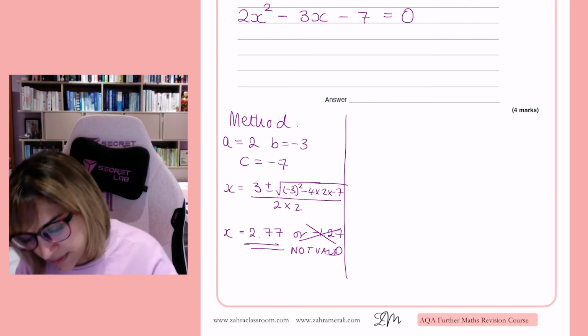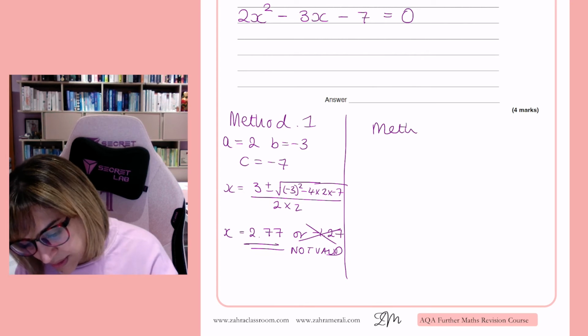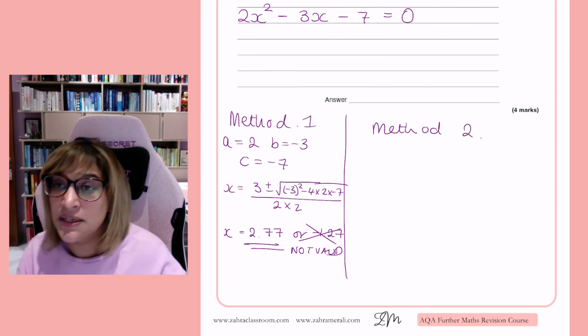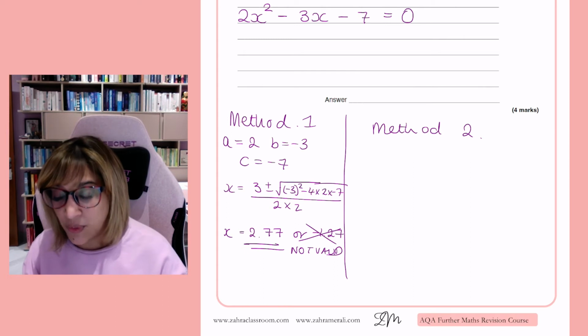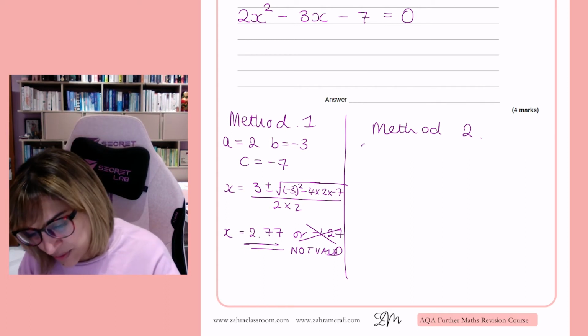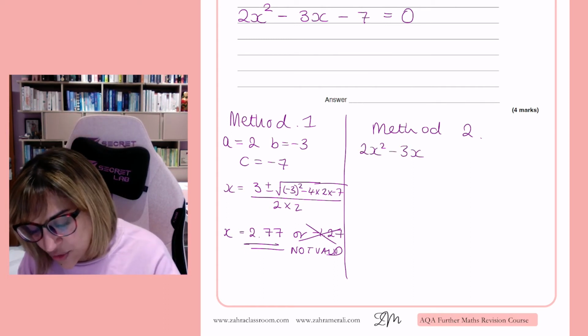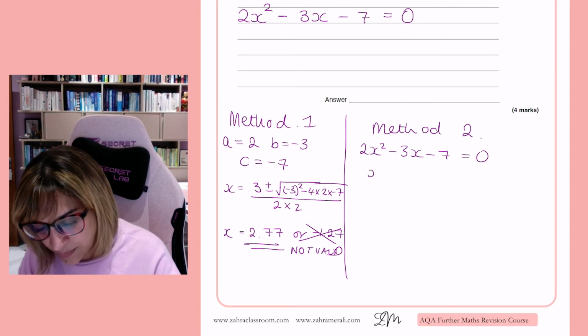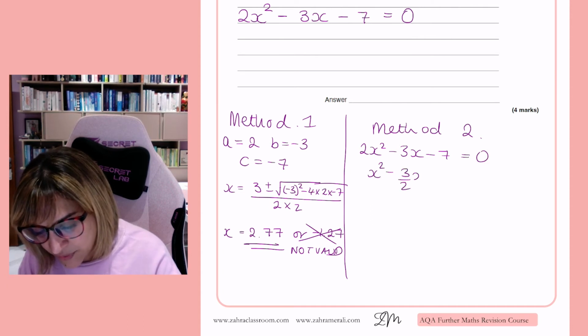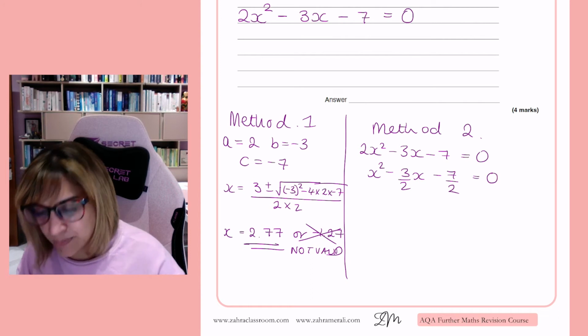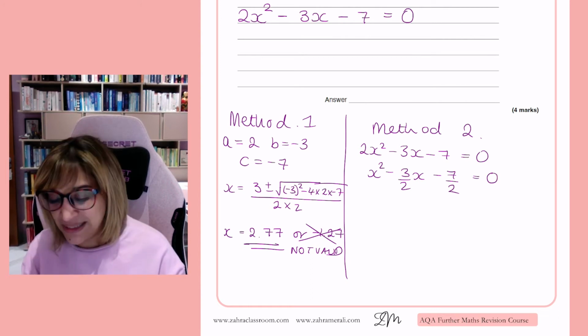The other method, so say method 1, method 2, would be using completing the square. So step 1, I would take that equation, and because it's got an equal sign, I can divide it by 2. So x squared minus 3 over 2 x minus 7 over 2. I can now complete the square.